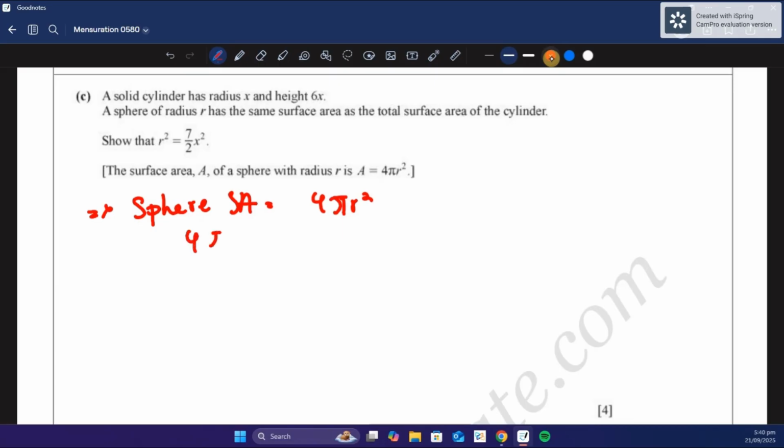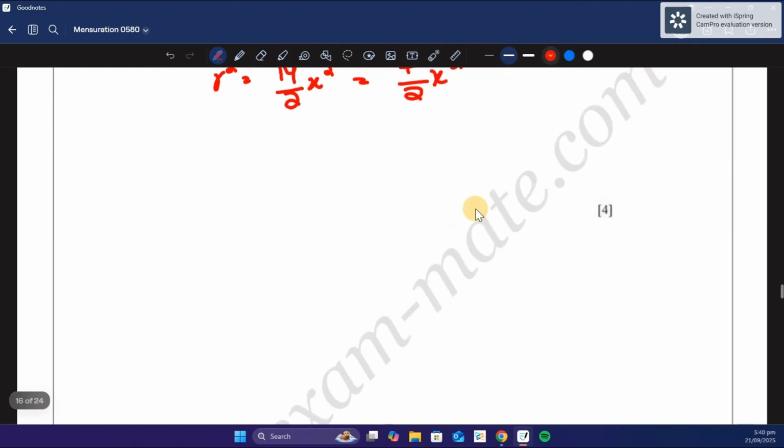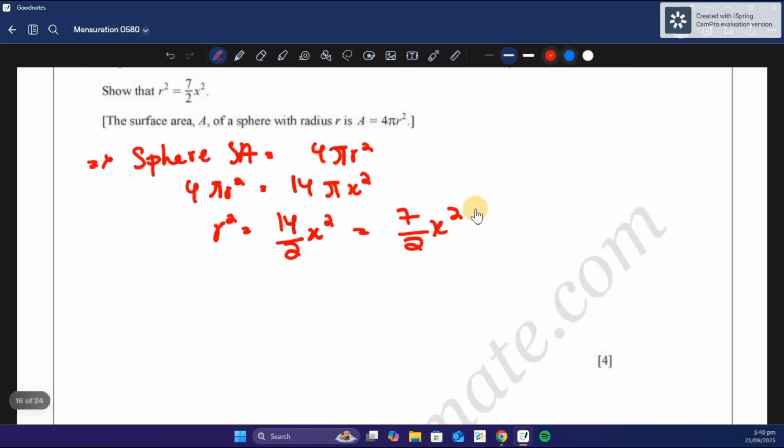So 4 pi r squared equals 14 pi x squared. That would mean that r squared equals 14 over 2 x squared, which if we further simplify gives us 7 over 2 x squared, and that is our final answer.